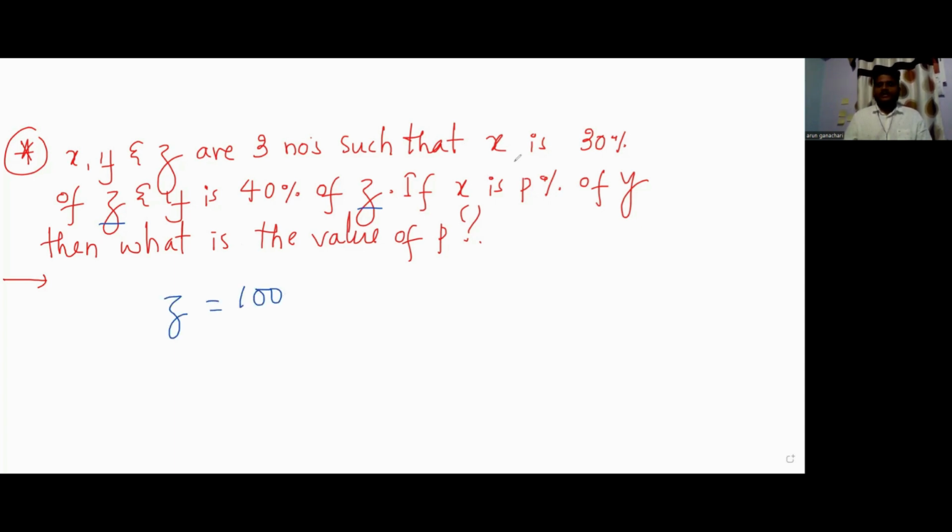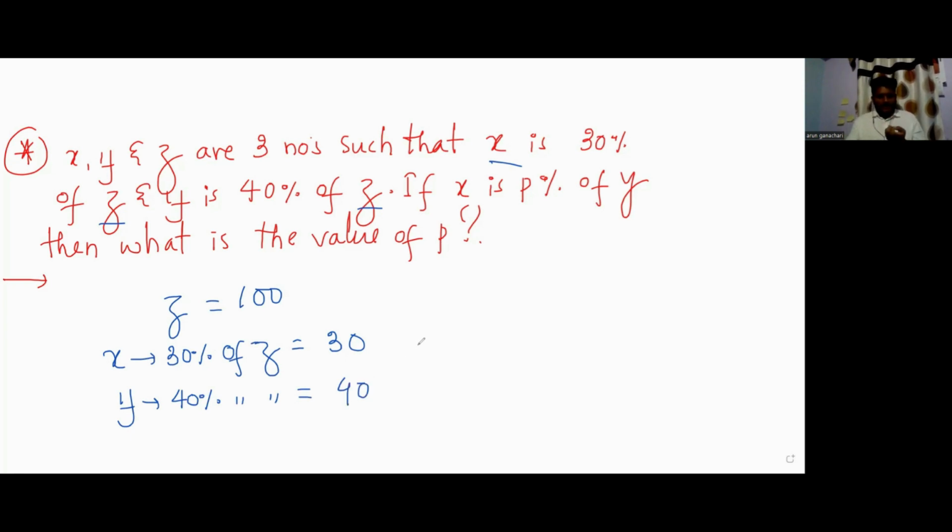If I take Z as 100, then X is 30% of Z. So X will be how much? 30. And Y is 40% of Z. What is 40% of Z? 40. Isn't it? Then finally X is P percentage of Y.